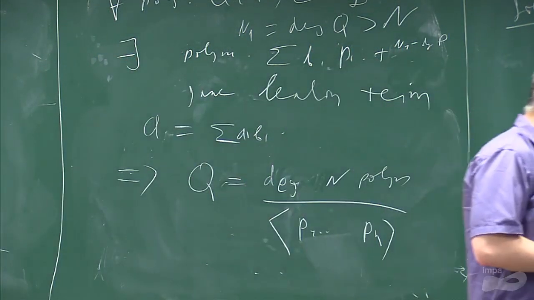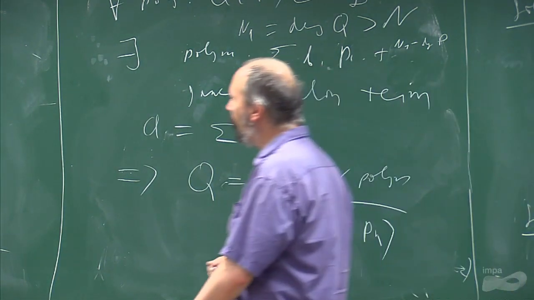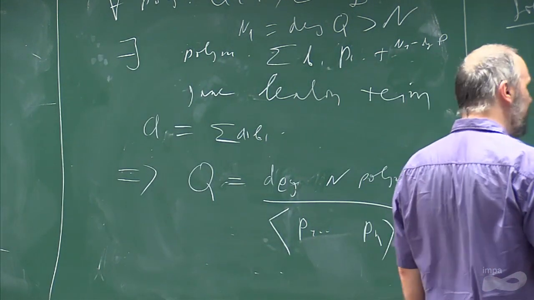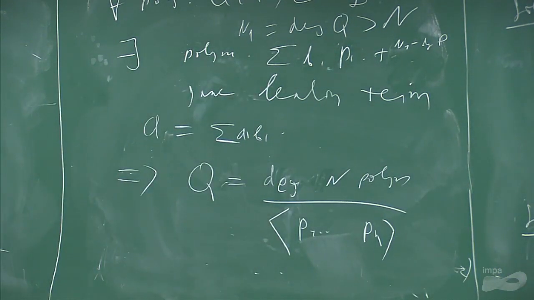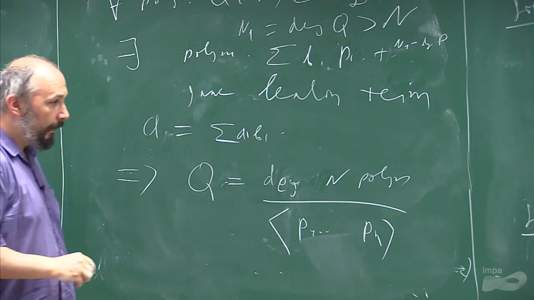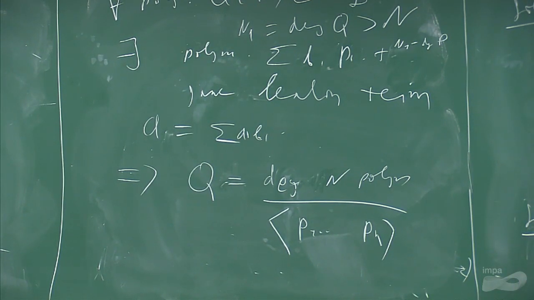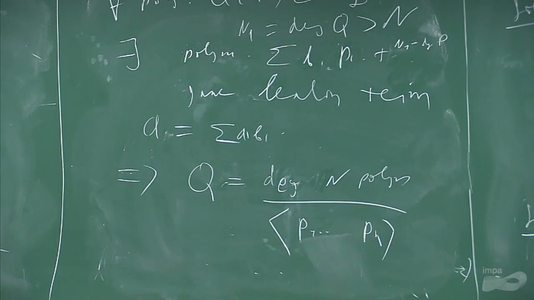Now we can consider a quotient of our ideal by these polynomials. This was, well, I didn't count the steps, but here it's step 4. Consider the module M, which is the quotient of I by the ideal generated by Pi.